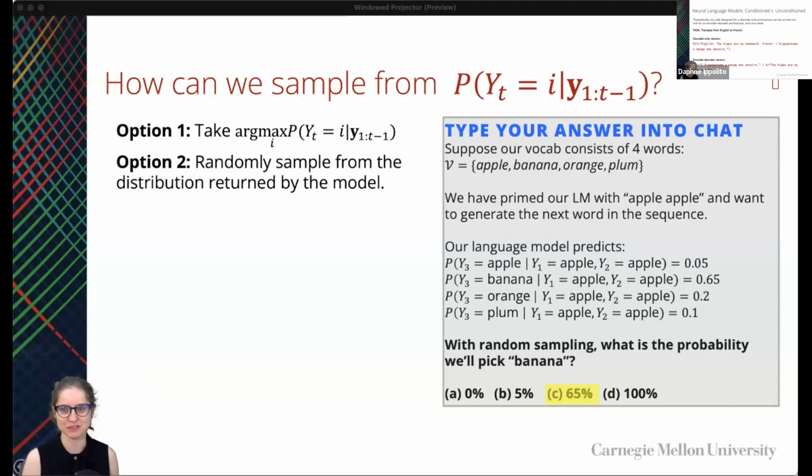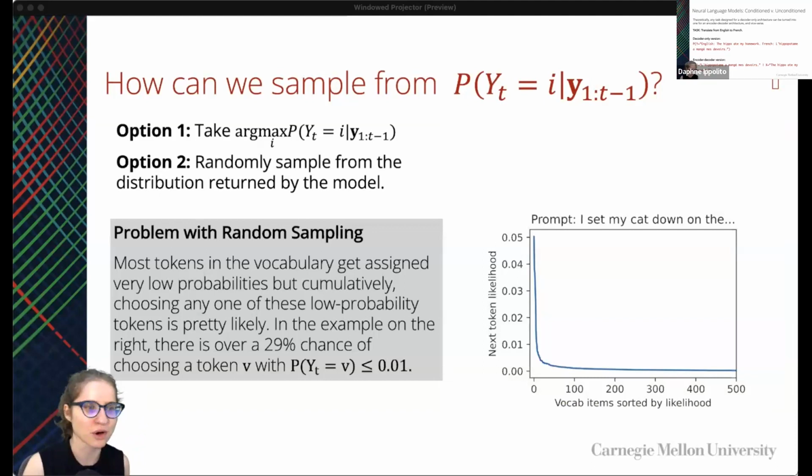So it's fairly straightforward. But there's actually a problem with full random sampling, which is that most tokens in the vocabulary get assigned very low probabilities, but cumulatively, choosing one of these low probability tokens becomes pretty likely. On the right, I've plotted a typical probability distribution outputted by a language model.